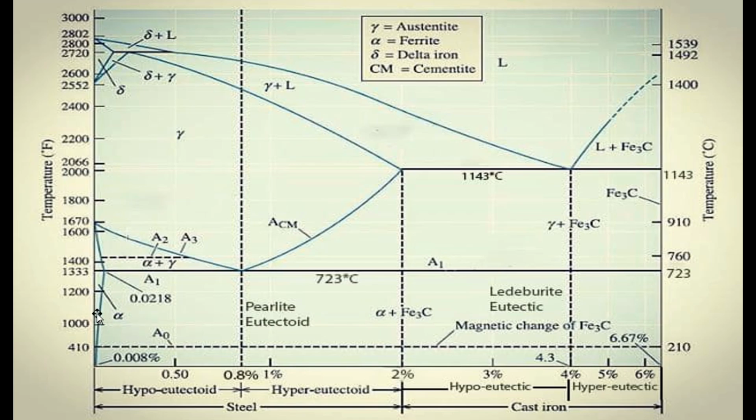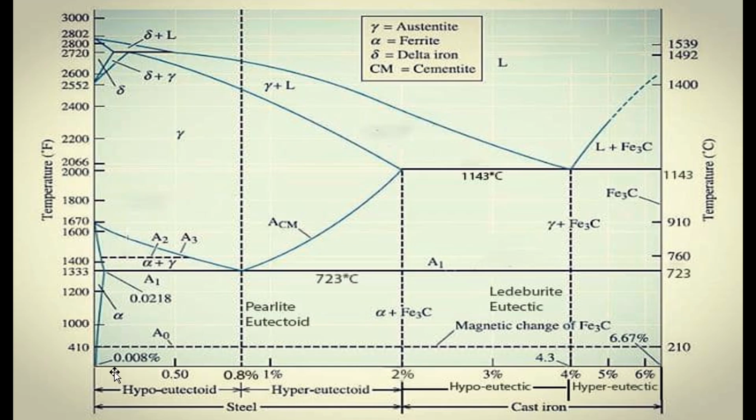To know the ferrite fraction, I will consider the opposite branch touching cementite. It means 6.67 minus 0.2 is the branch touching cementite but opposite to ferrite, divided by the total distance 6.67 minus 0.008.